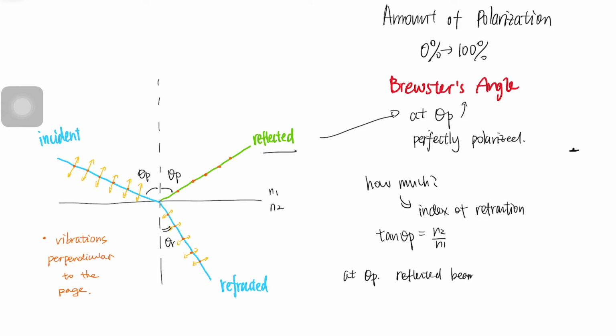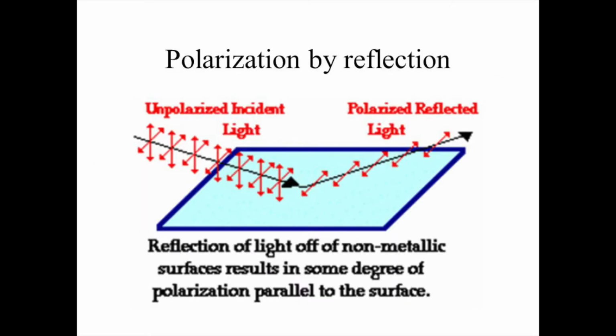At this Brewster angle theta p, the reflected light is plane polarized, or horizontally polarized to the surface, and theta p plus theta r, where theta r is the refraction angle, the sum of these two angles is 90 degrees.